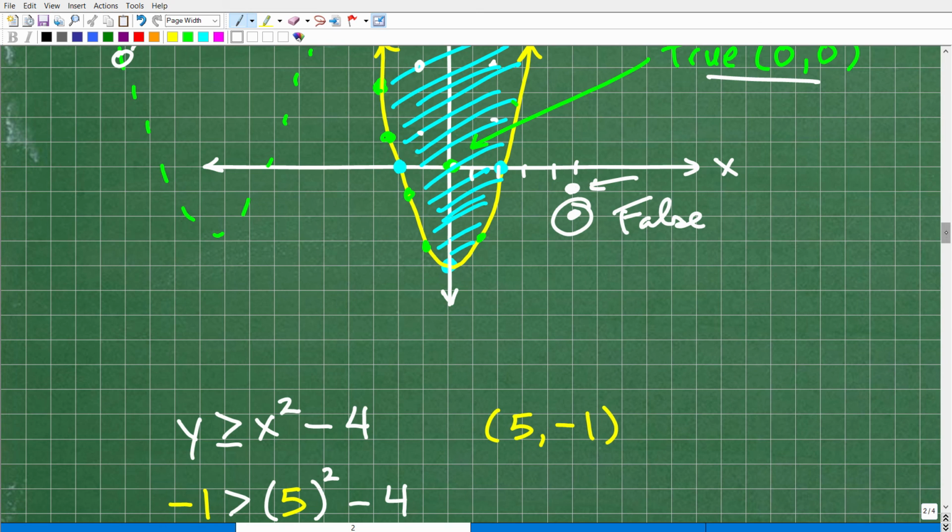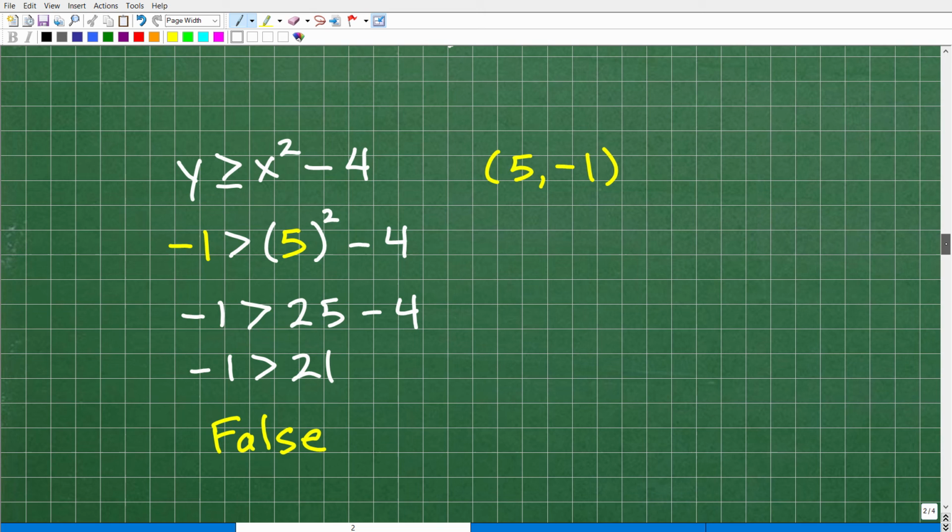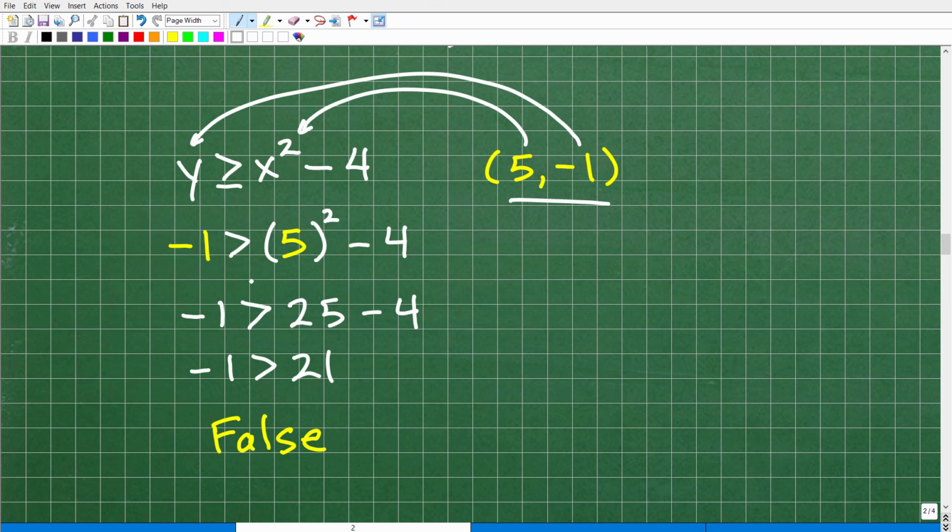So let's verify that just to quench our curiosity. So here is our quadratic inequality. Let's plug in 5 and negative 1 into our inequality. Of course, we'll plug in 5 for x, and then negative 1 for y. And you can see the work right here. We're going to end up with negative 1 is greater than 21.